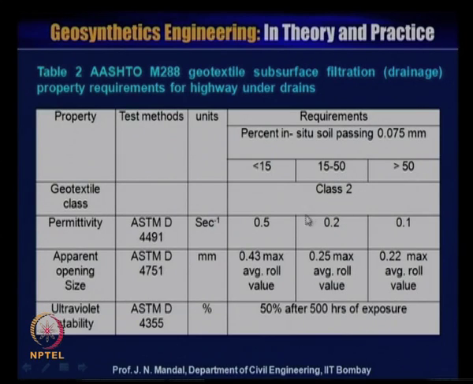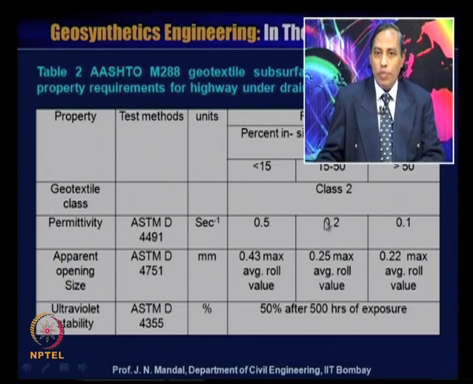For class 2, permittivity as per ASTM D4491 is 0.5; if it lies between 15 to 50 then 0.2; if it is greater than 50 then 0.1. And apparent opening size of geotextile, ASTM D4751, in millimeter, is 0.43 maximum average roll value, 0.25 maximum average roll value and 0.22 maximum average roll value.